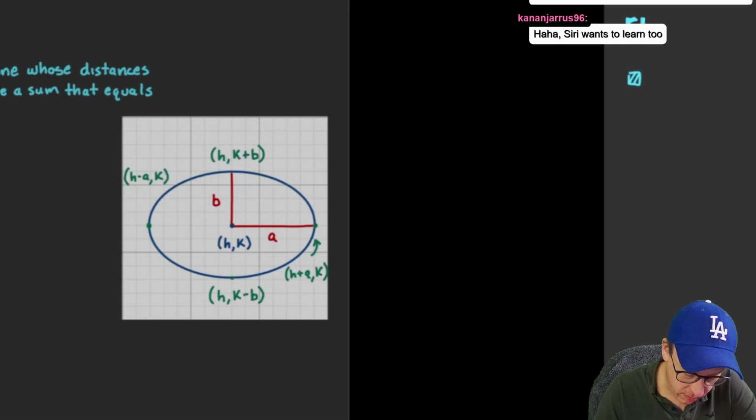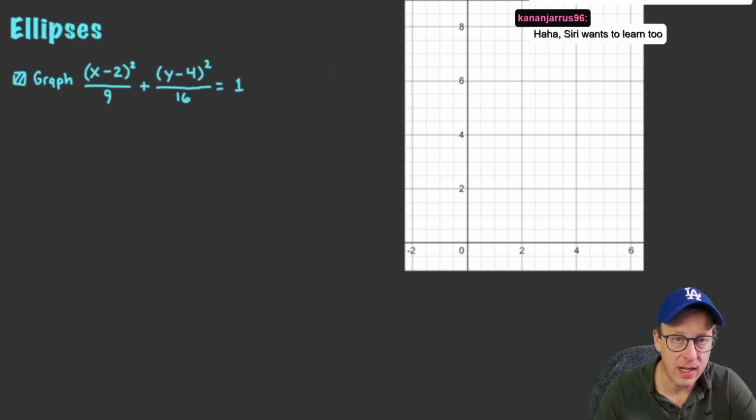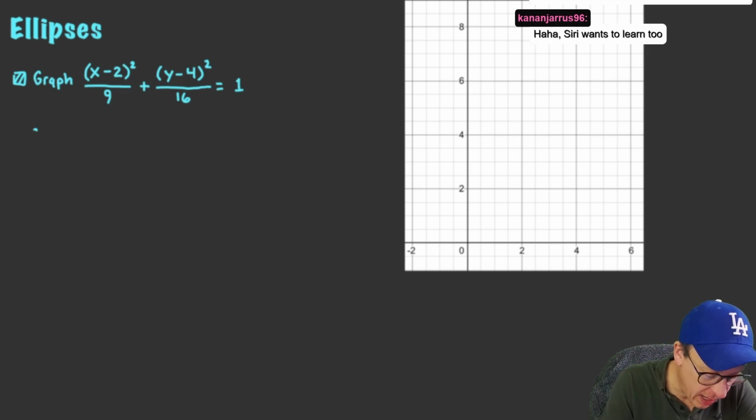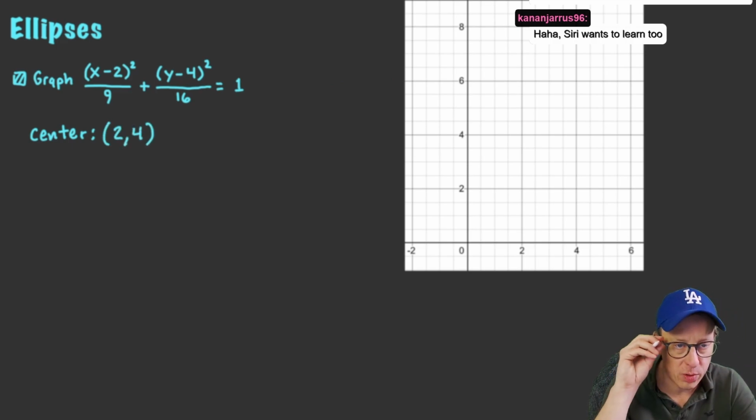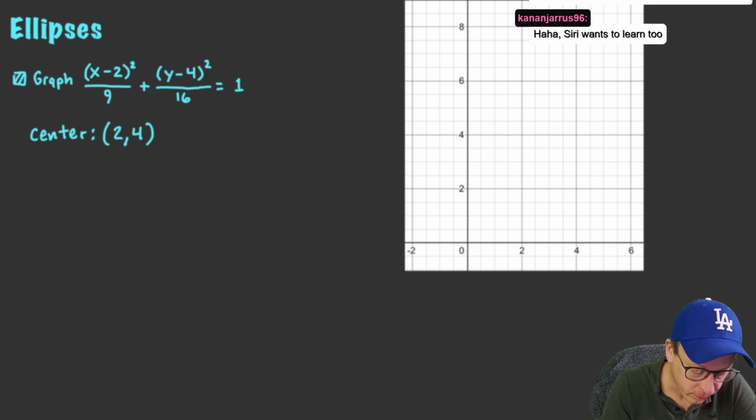So let's see, do I want to graph this? Yeah, I'm going to give you an example here. So what I want to do is graph this formula that we have right here. And how am I going to do it? Well, we know that our center is going to be 2 and 4, based off of what I said previously about the standard form.